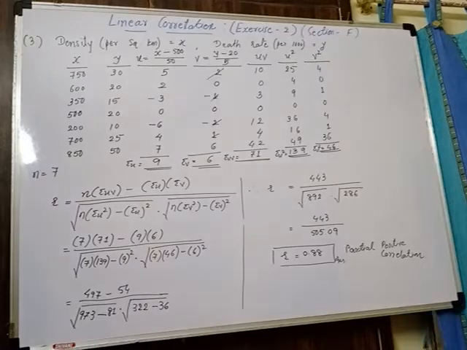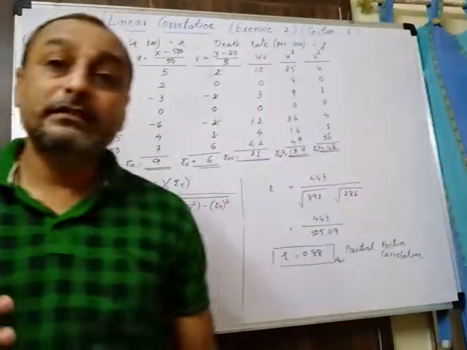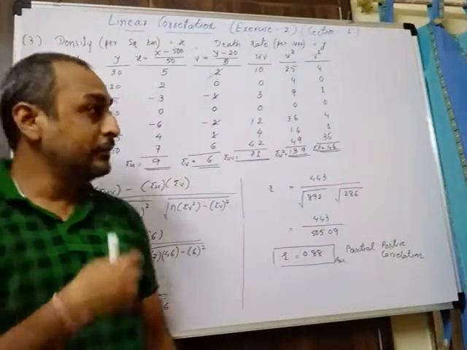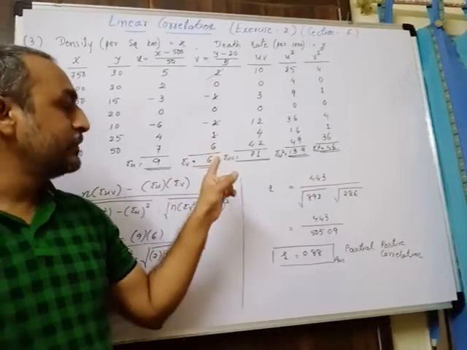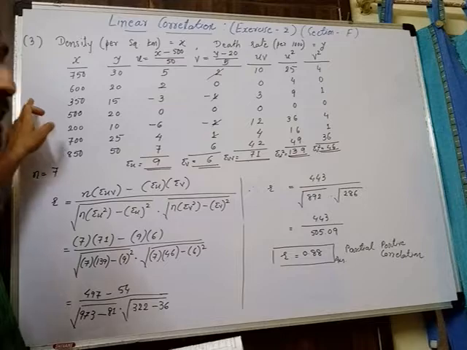Now similarly, students, you have to practice some more questions like this only. So I am going to give you some practice questions in section F only. I told you the first sum, I have solved over here second and third.